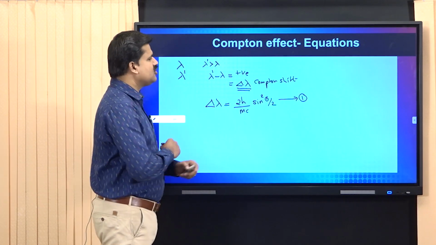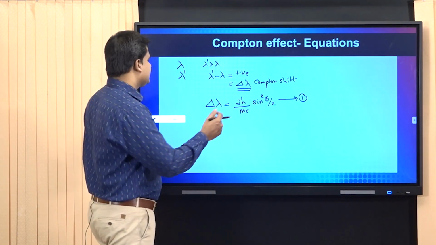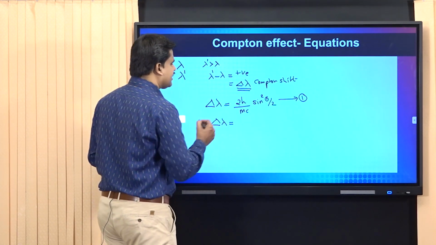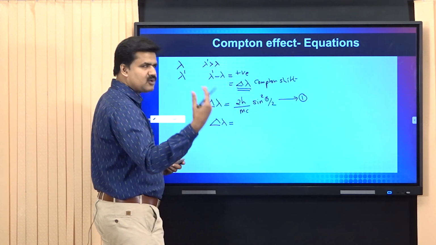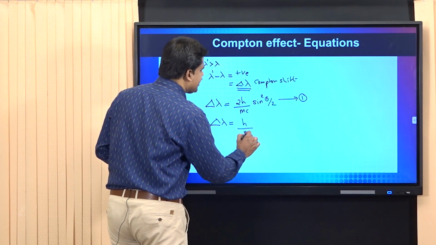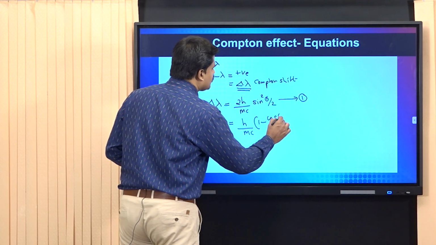We can also change equation 1 to a cosine function. That is, by using trigonometrical relations, this can be transformed to a cosine function. The new relation is h by mc into 1 minus cos theta.